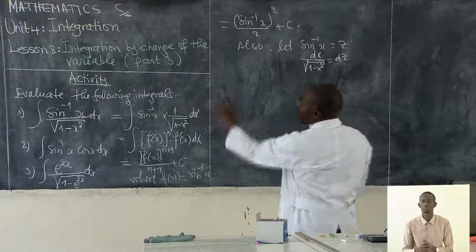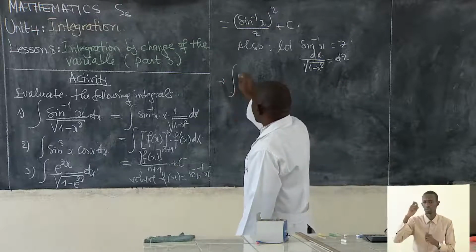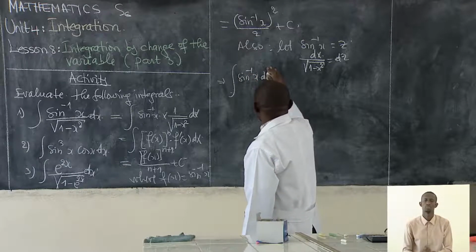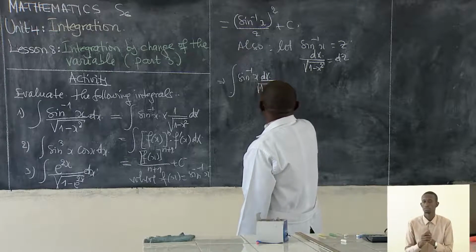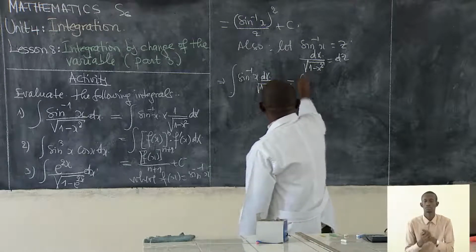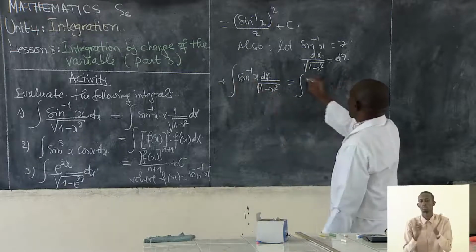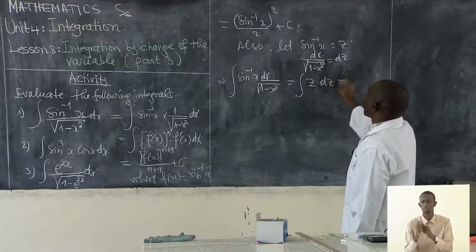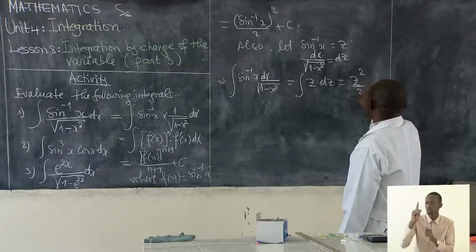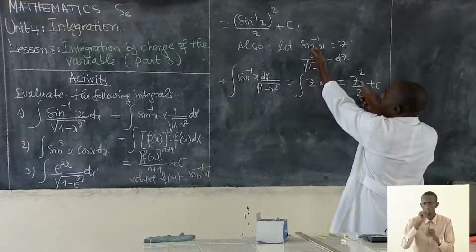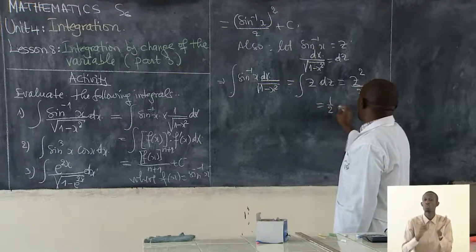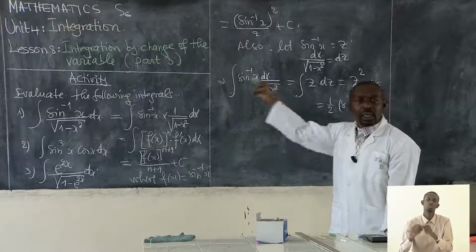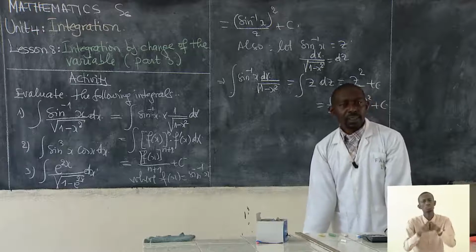And when you go back to our integral, you'll have the integral of sine inverse of x times dx divided by square root of 1 minus x squared, where sine inverse of x is z and dx divided by square root of 1 minus x squared is dz. And you get z power 2 divided by 2 plus c, knowing that z is equal to sine inverse of x. You'll have a half sine inverse of x raised to power 2, then plus c, and I'm done. The answers are the same, isn't it?